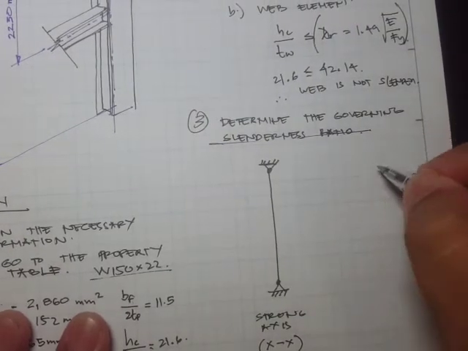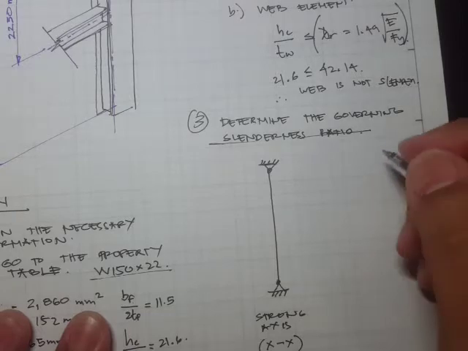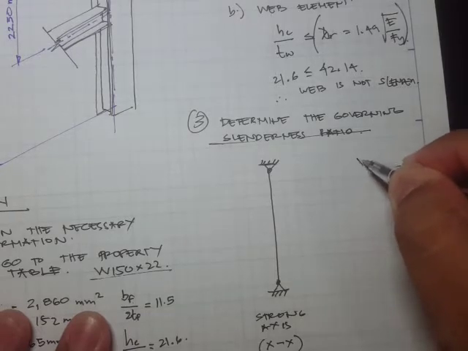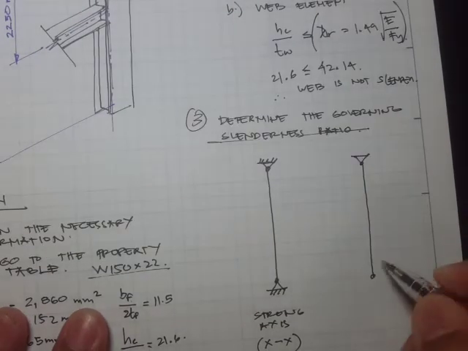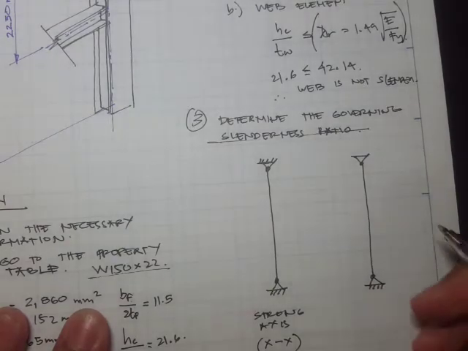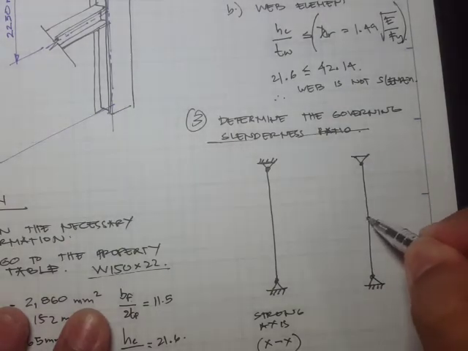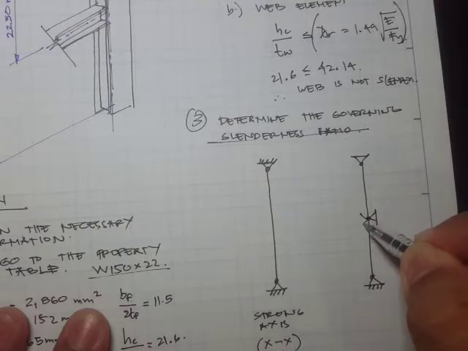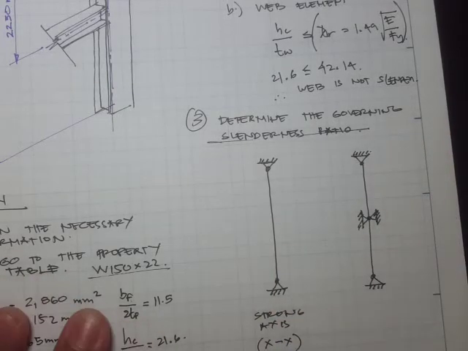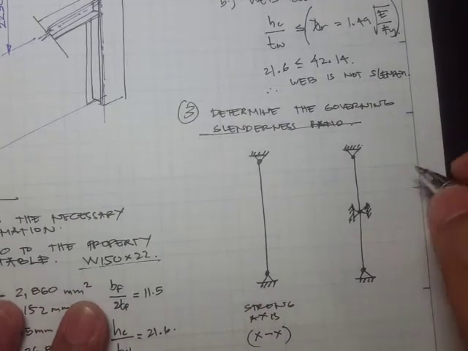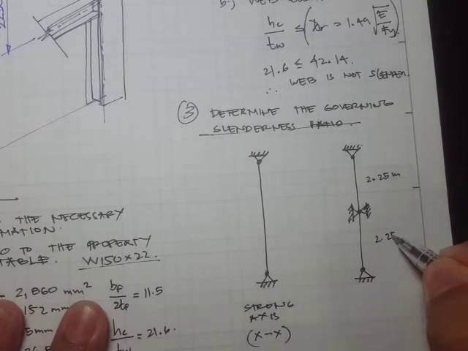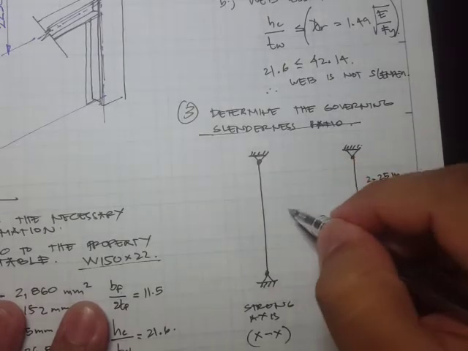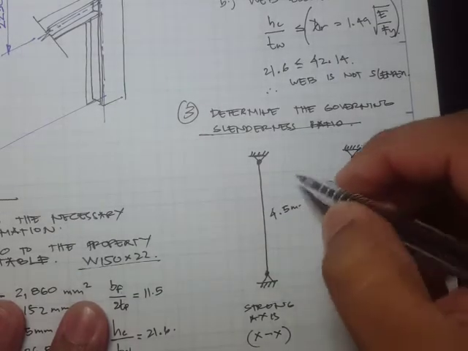For the weak axis, there's a lateral support at the midspan. The distance is 2.25 meters, and this one would be 2.25 meters, whereas this one is 4.5 meters.